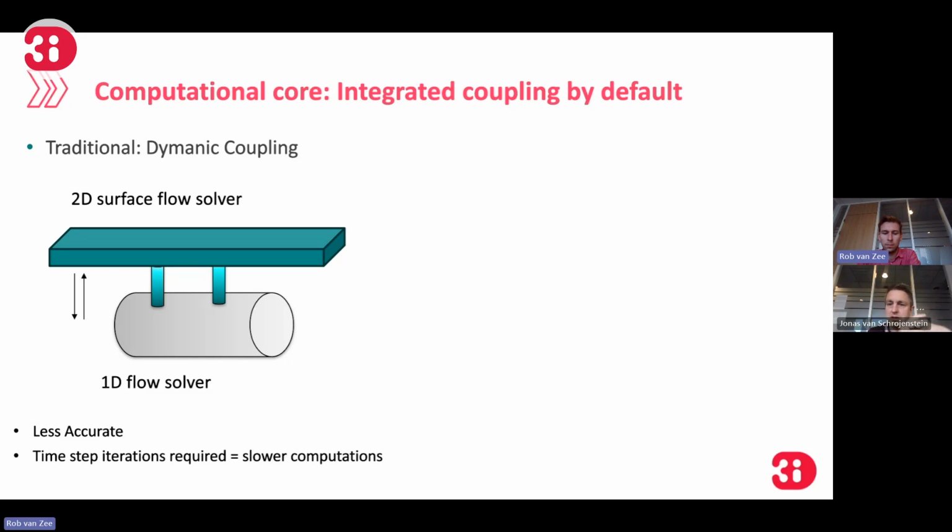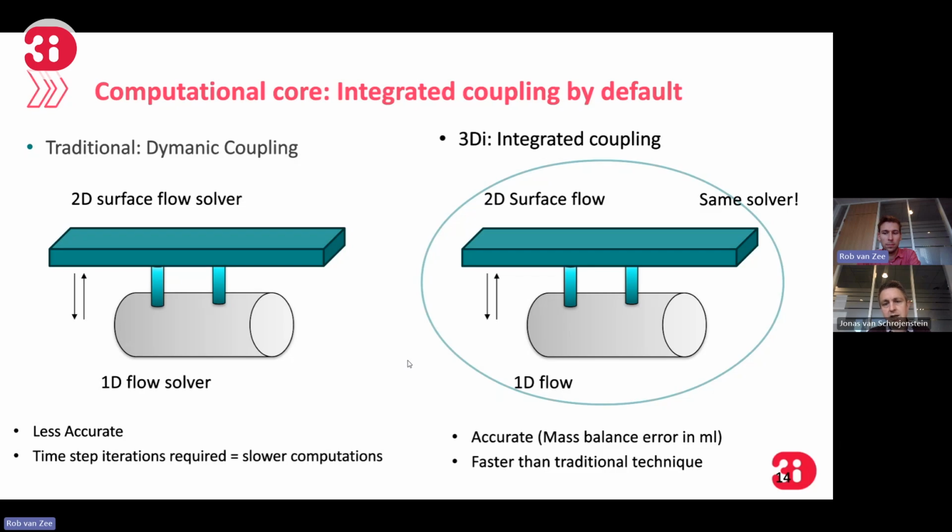You can see this in the flow summary, in the so-called mass balance error. There's an estimate of the potential error that is being introduced in your models. With 3DI, this mass balance error is very low. It's actually one of the few, maybe the only one that is being in the flow summary in scientific numbers, because it is usually very, very small.